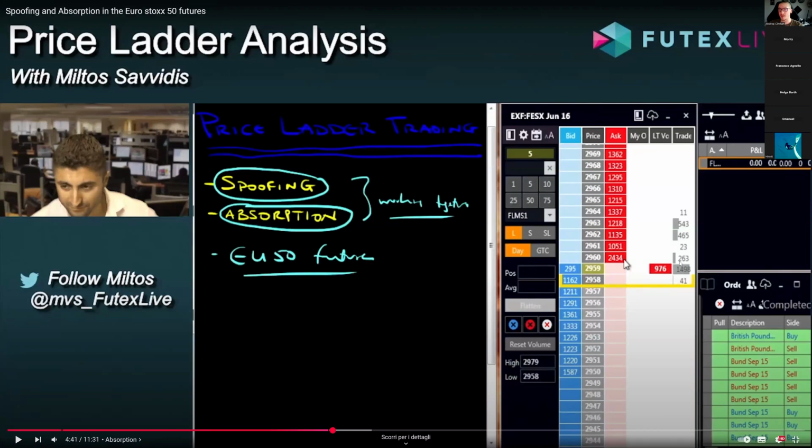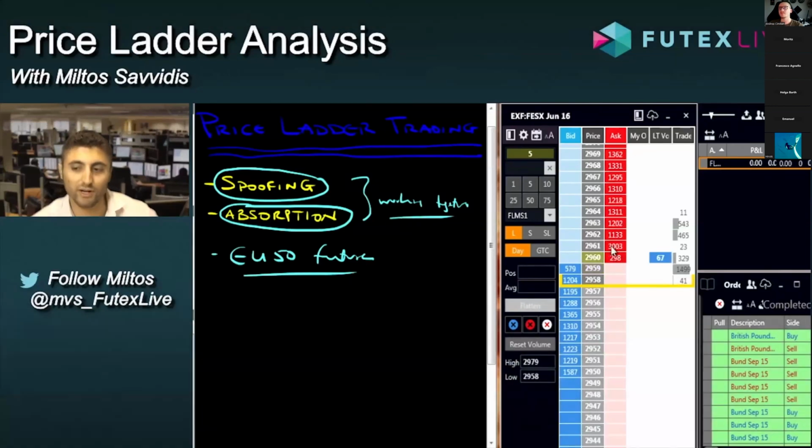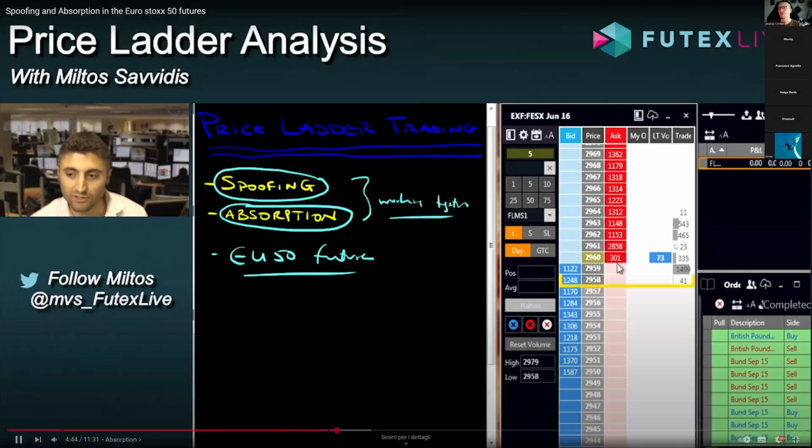It's just 263. Initially, you could have been trying to front run this guy, but now I'm already starting to think. Look, first these 2,000 were here at 2960. Now they're a tick above. So he's also trying to stay one tick above the current price just to make sure he doesn't get those contracts filled. He doesn't want to get the fill here. He's trying to get it below here.